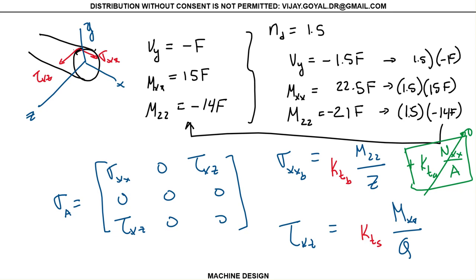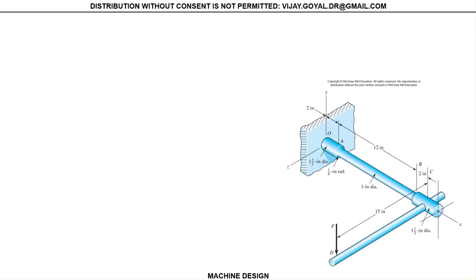So now we can proceed to do this problem. And from the tables itself, we already know that the values that I'm going to work with, KTB is equal to 1.56. KTS is equal to 1.38.